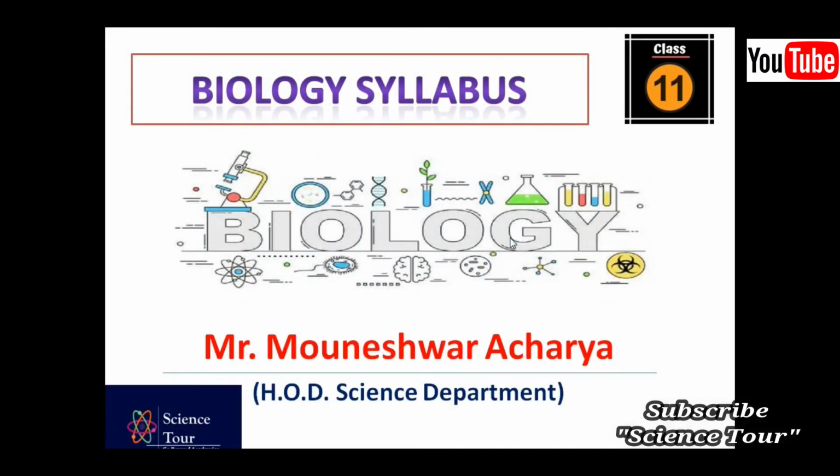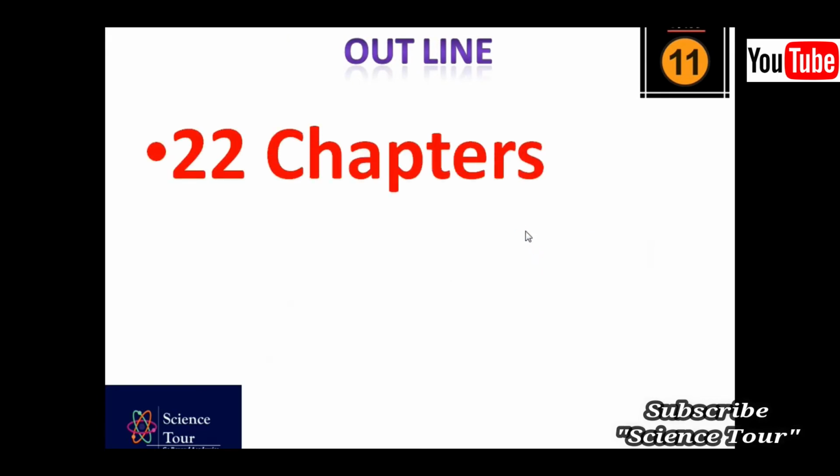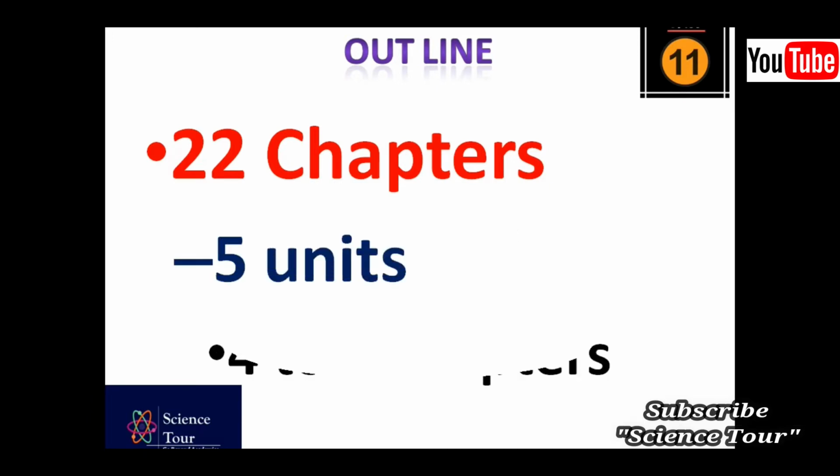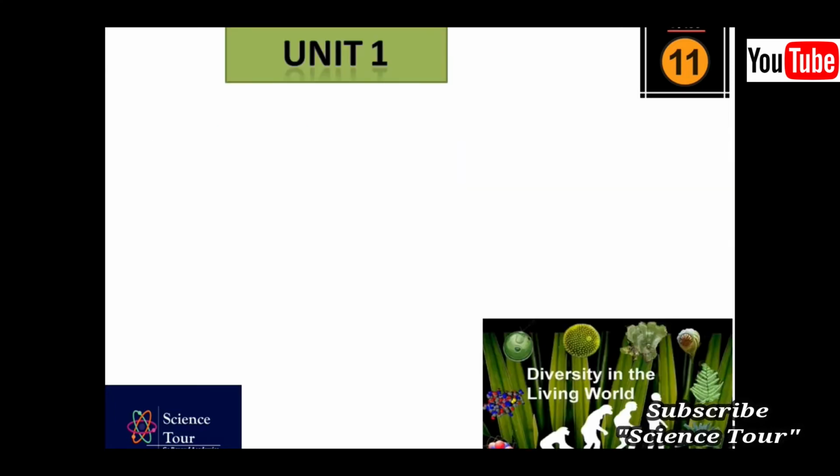Dear students, next is the biology syllabus for class 11. If you see the outline of the syllabus, there are around 22 chapters which are covered under 5 units, and each unit carries around 4 to 5 chapters.